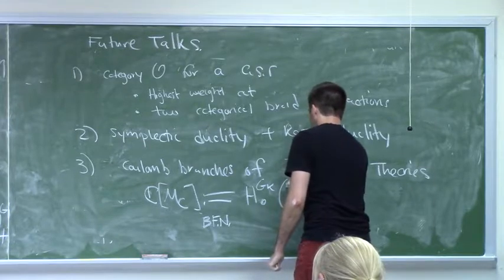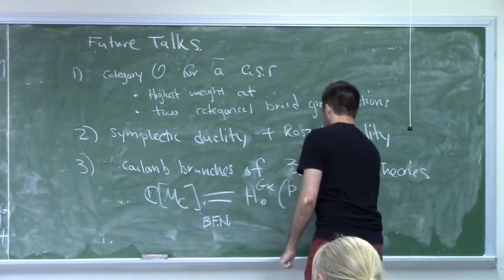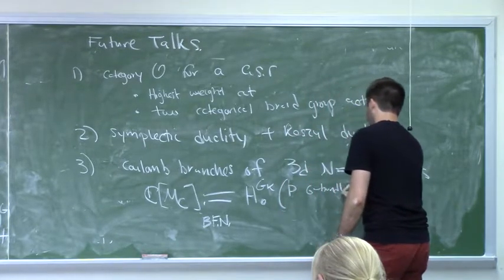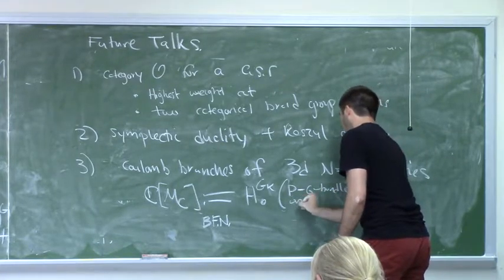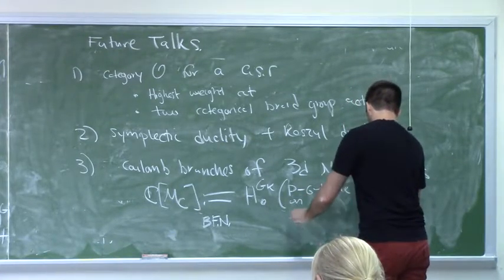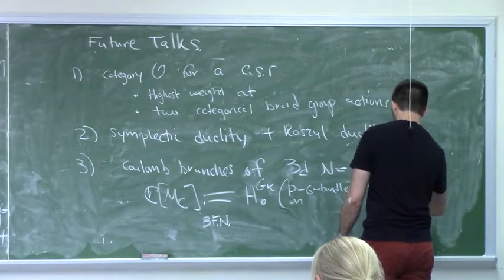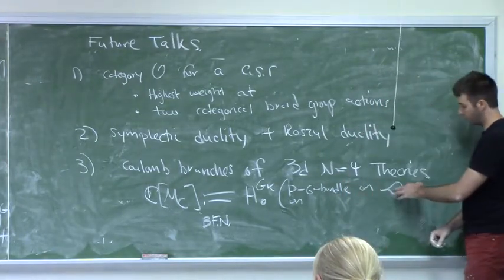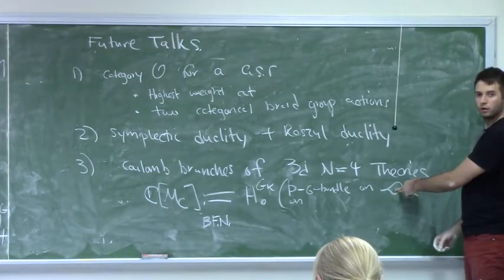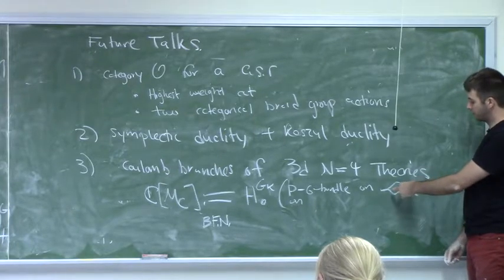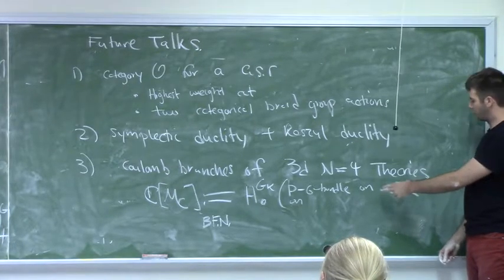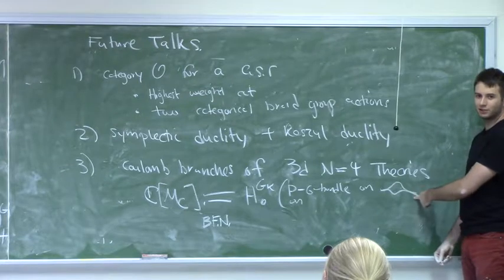So it's basically something like P, the G bundle on the disk, 2 disks union together over the origin. I've heard people call this space the ravioli, or the raviolo, or the UFO space.